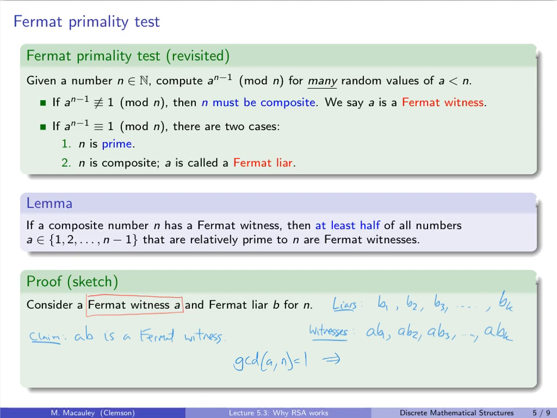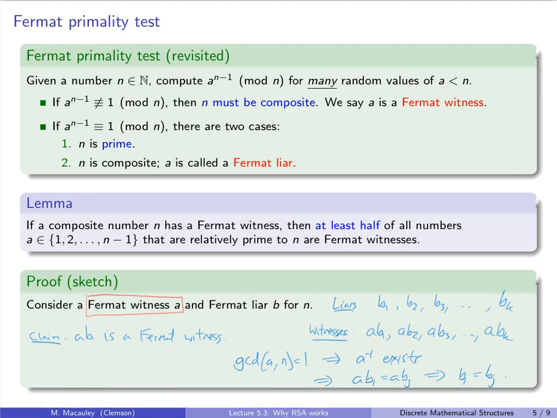So that implies that A inverse exists. So if A times BI equals A times BJ, then we can multiply by A inverse and get that BI equals BJ.